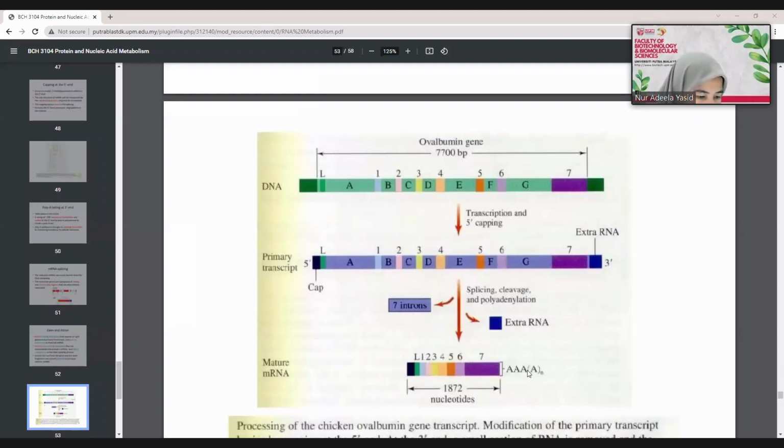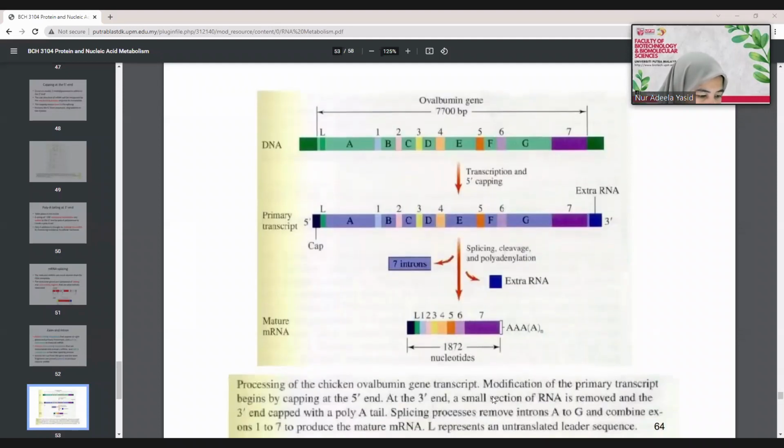This is an example of the modification of a primary transcript, which begins with capping at the 5' end, followed by tailing, where the 3' end gets a poly A tail.